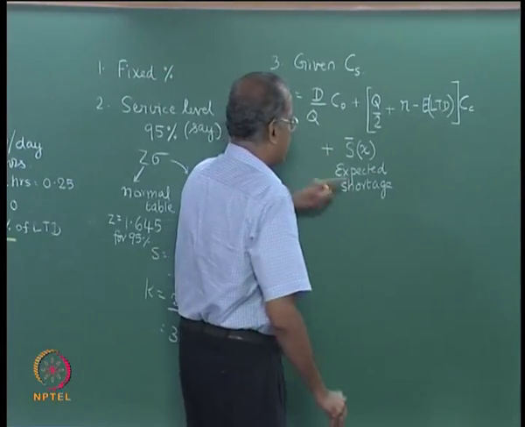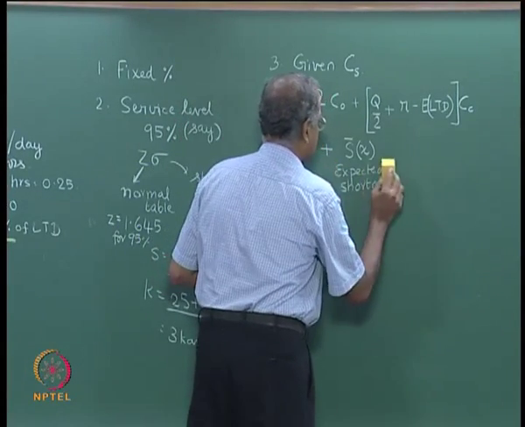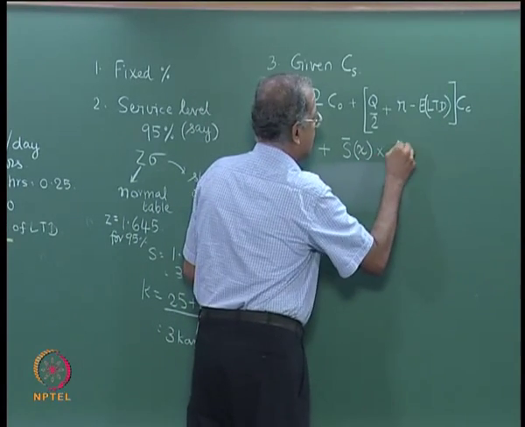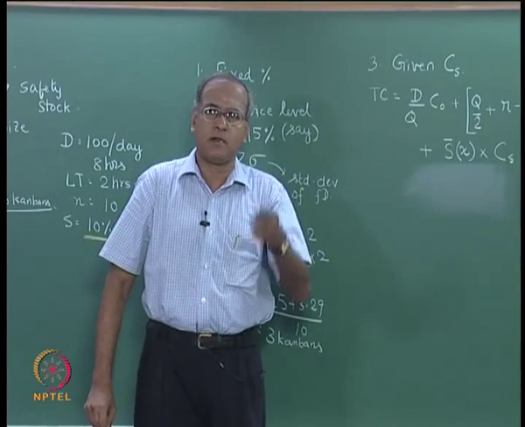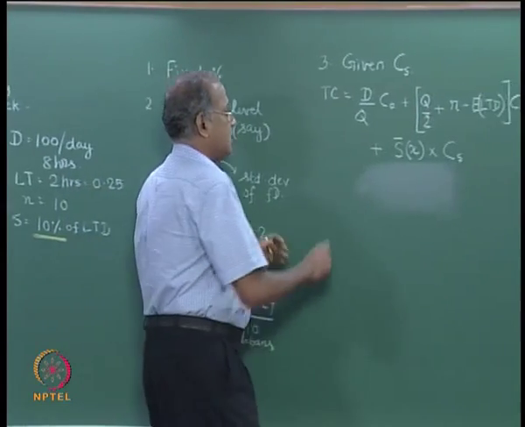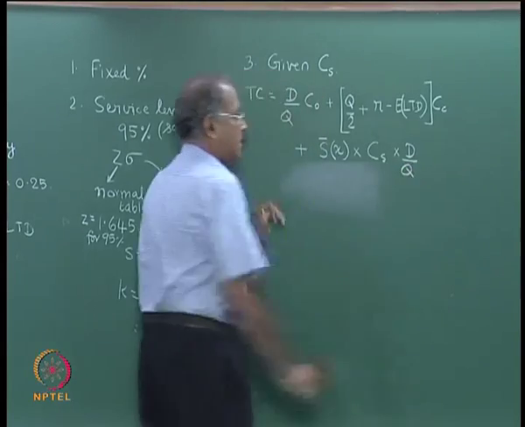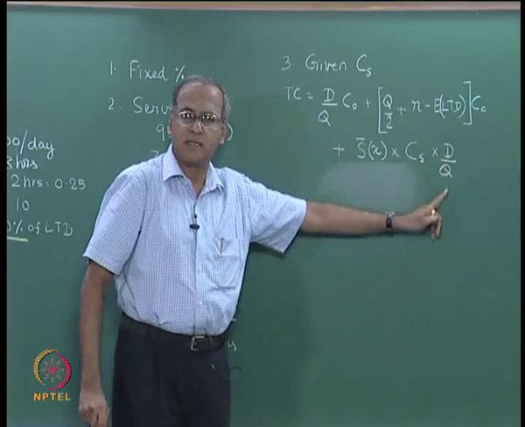So, it is the expected value of the shortage. So, S bar of x into Cs, the shortage cost per unit short, into D by Q, because D by Q is the number of cycles in a year.